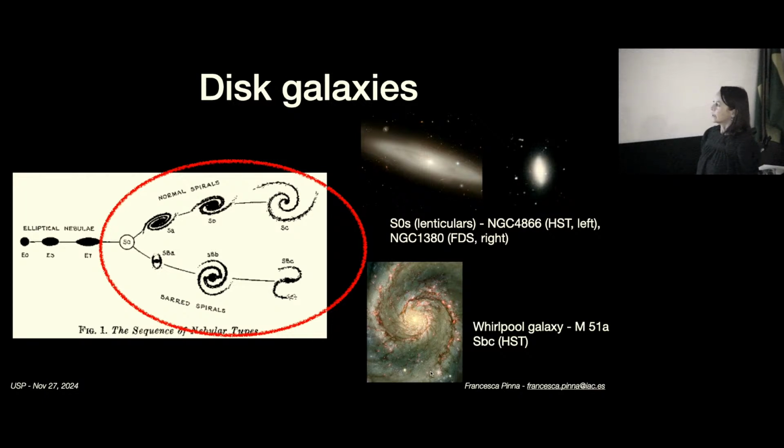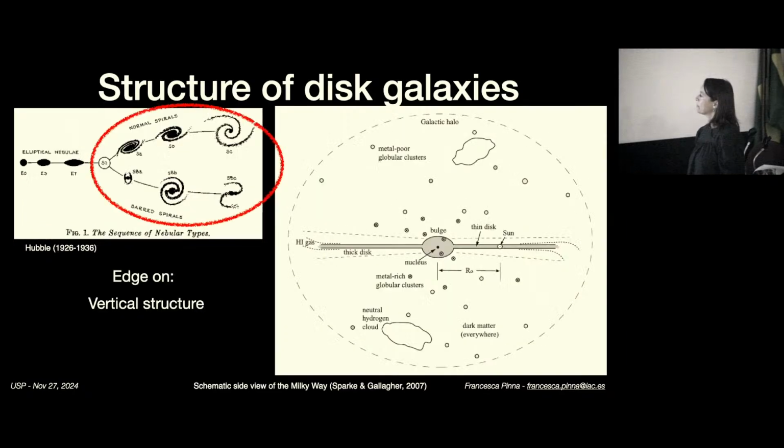I will try to summarize the results that we have for thick disks in these types of galaxies, going from early type galaxies to later type galaxies, so from the left to the right of the Hubble sequence. If we observe these galaxies when they are projected edge-on in the sky, this can help us to analyze their vertical structure.